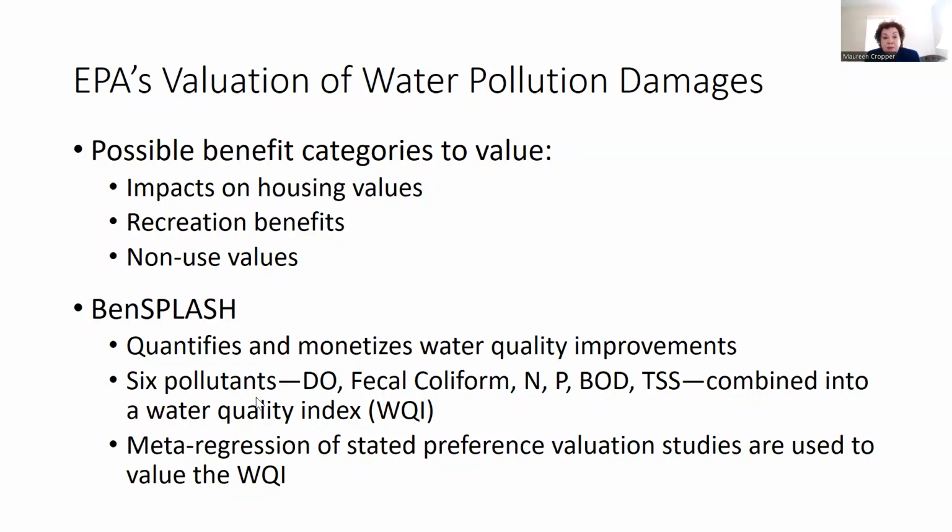BenSplash looks at 6 pollutants: dissolved oxygen, fecal coliform, nitrogen, phosphorus, BOD, and total suspended solids. It combines them into a water quality index, and then it takes a literature which directly asks people to value some of these endpoints, and then a meta-regression of the studies is used to value the water quality index.